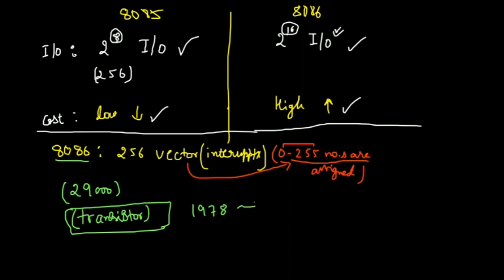If you calculate with 2022, when I'm shooting this course, it means 44 years back. Well, now it might surprise you. 29,000 transistors, that's a humongous number.